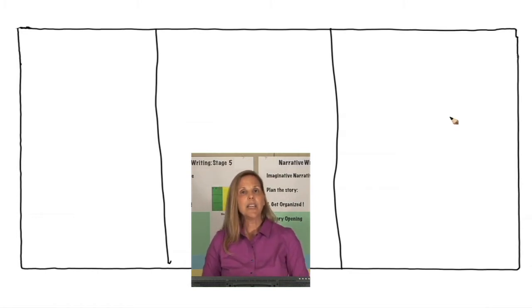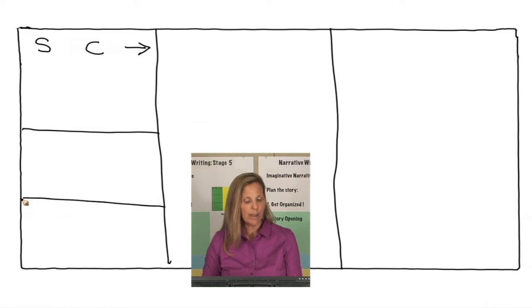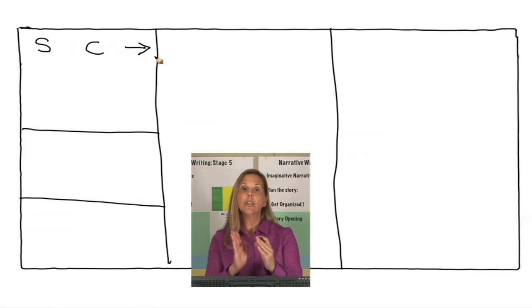The next thing we need to do is label the beginning. In the beginning, we're going to have S, C, arrow. I also want to show you we're going to have 2 lines because this is the beginning of the story, and in this beginning we're going to have a sequence where we have our setting, character, and action to start our story opening, and then a couple of actions where we have dialogue or thoughts.